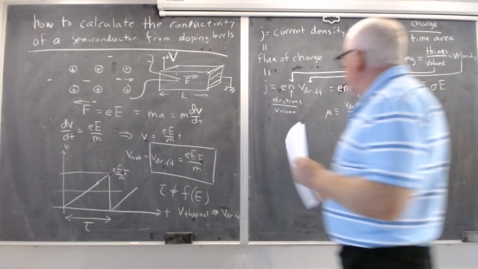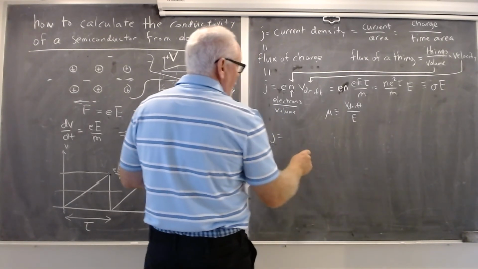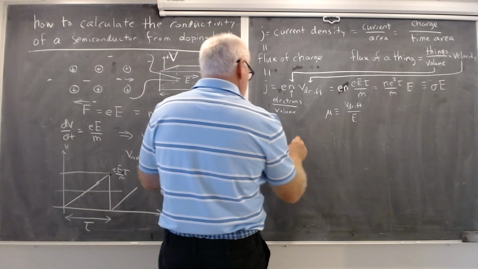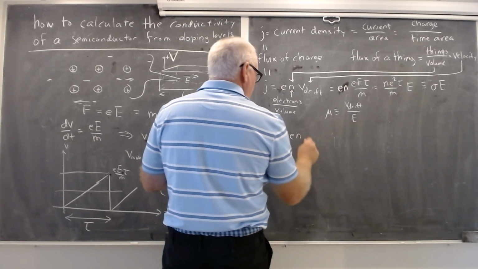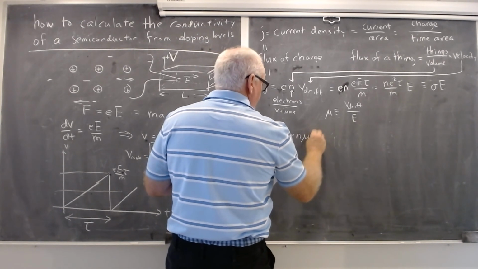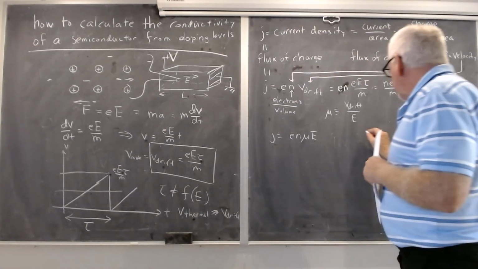So we can also write J as E N, and then plug in for V drift, mu E. And so we see that sigma is equal to two things.